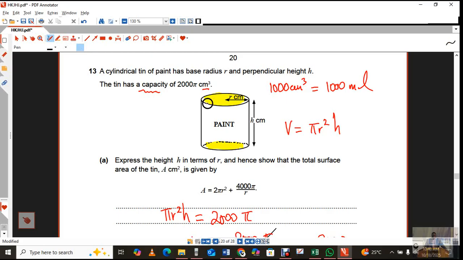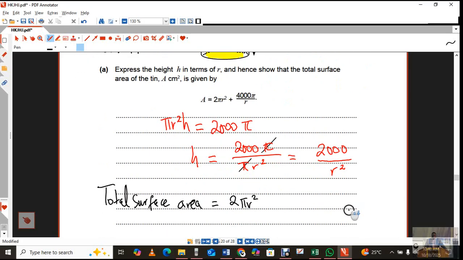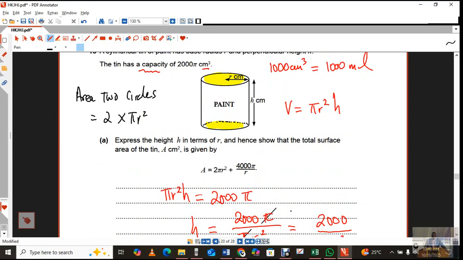So it's the area of two circles, which is 2 times the formula for the area of a circle. That's why I have pi r squared there. Then we have the curved surface part.